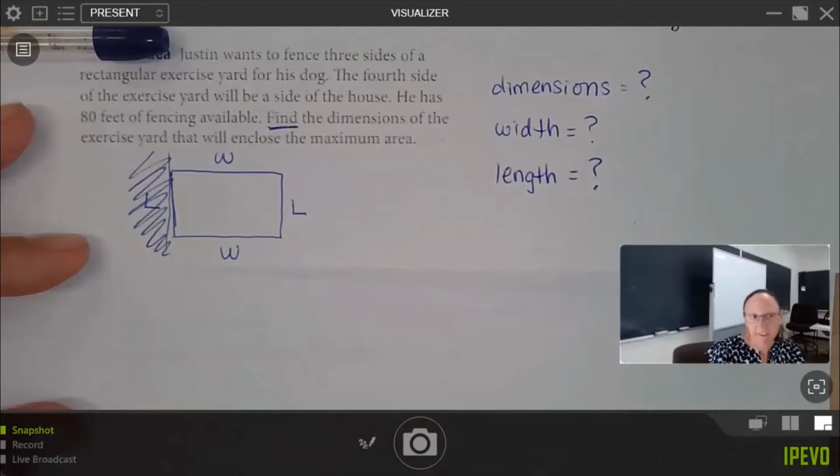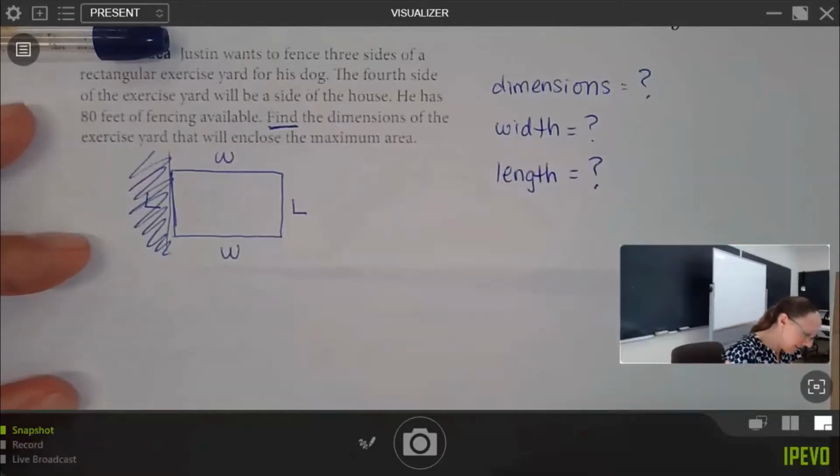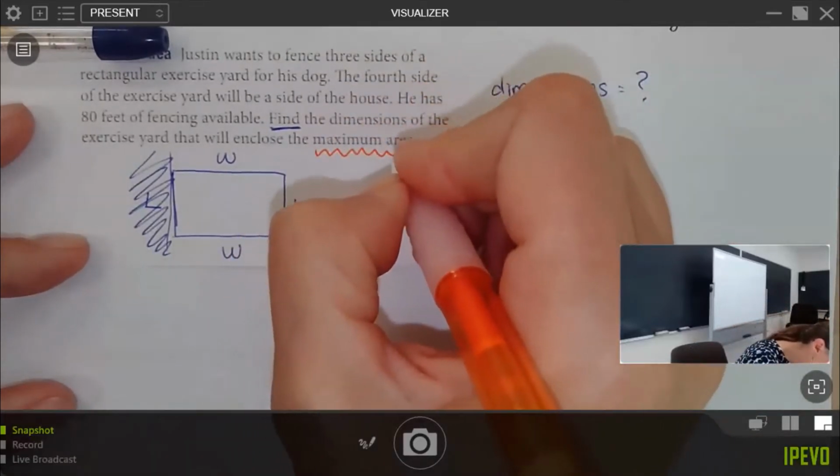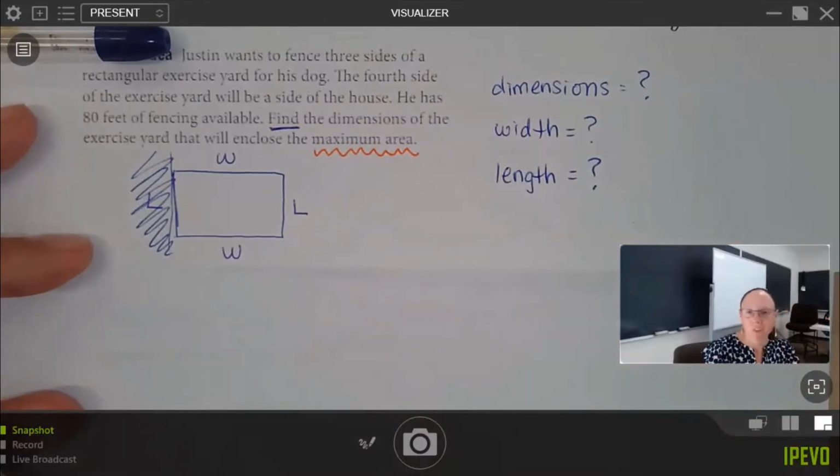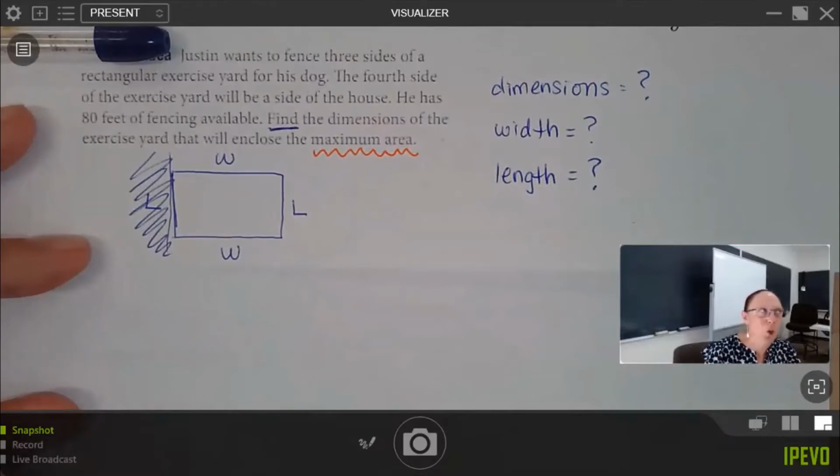And we're trying to find the dimensions of the exercise yard that will enclose the maximum area. So this maximum area thing, anytime we're trying to maximize, minimize, shortest, fastest, longest, quietest, anything ending in ist, we're probably doing some kind of optimization problem.